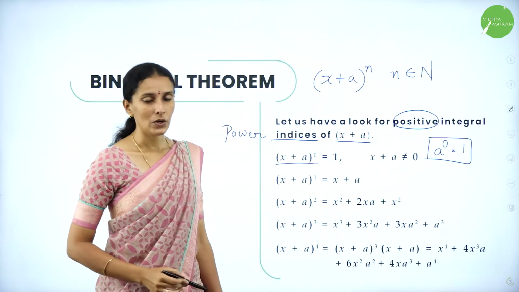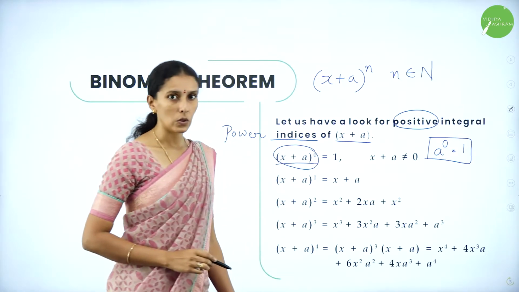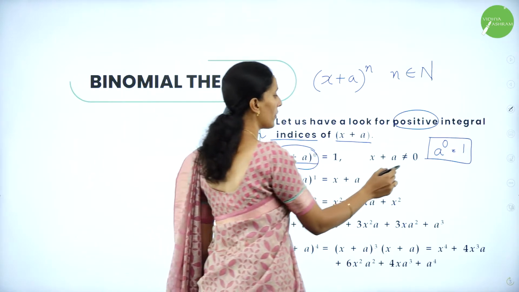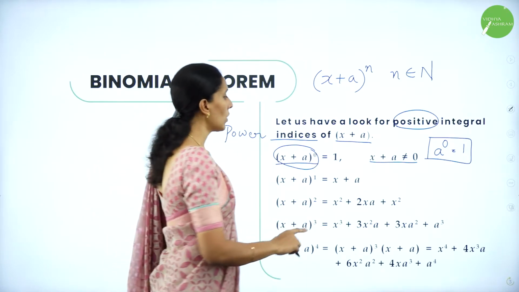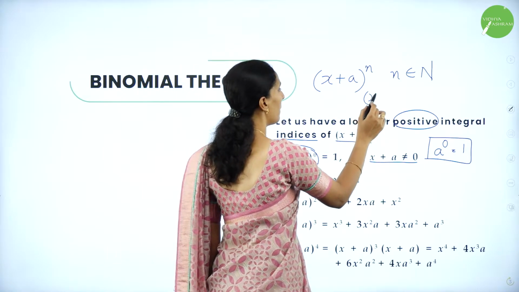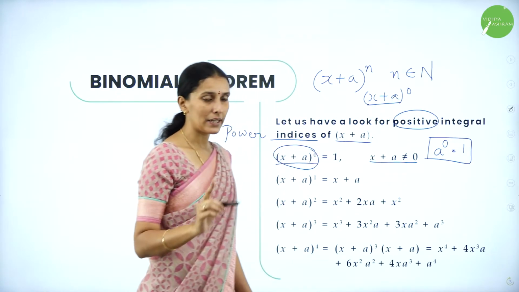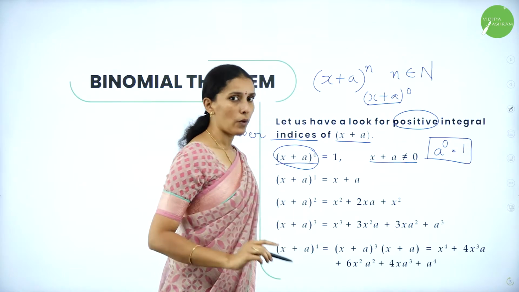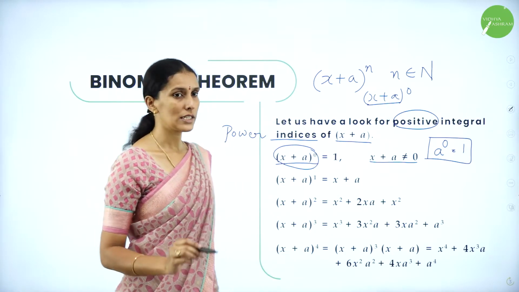Therefore, x plus a whole power 0 is 1. But remember, the term x plus a is not equal to 0. Only when its power is 0 is it equal to 1, but x plus a is not equal to 0.